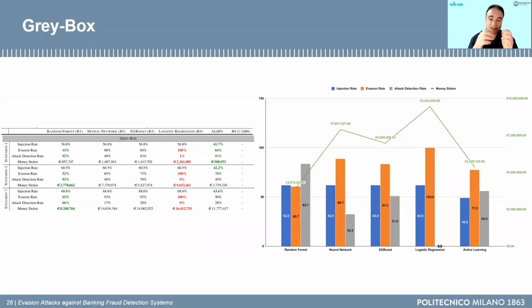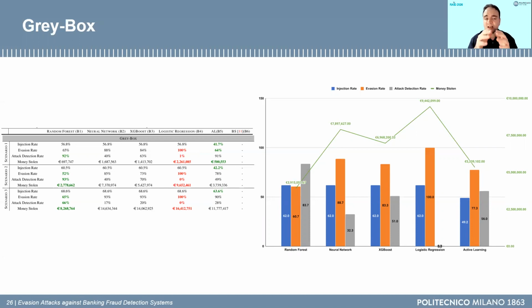Still in the gray box attacker, we obtain very similar results in which scenario 3 remains the best scenario for the attacker. The worst attack performance is obtained in scenario 2 against fraud detector B1, which has an attack detection rate of 93% and an evasion rate of 52%.